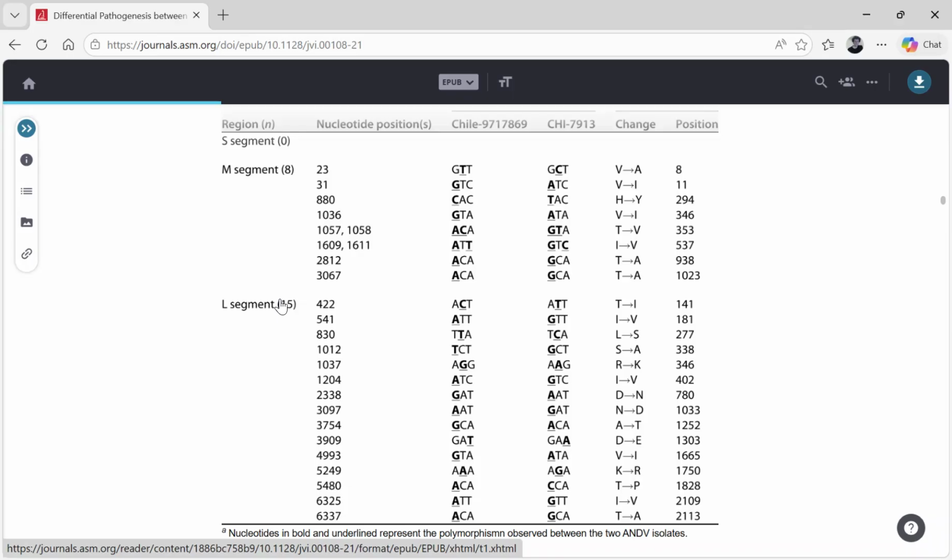So you can have an emergence through just mutations in the wild to do something very similar to what I'm saying to do in the laboratory. But the point here is that hantavirus can be supercharged, can be designed to be more lethal.